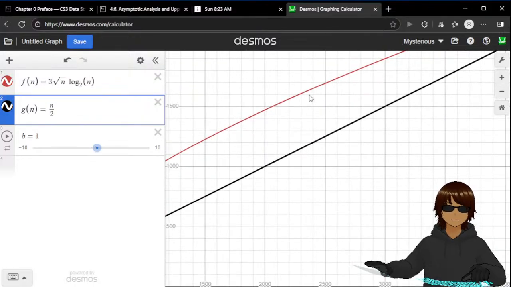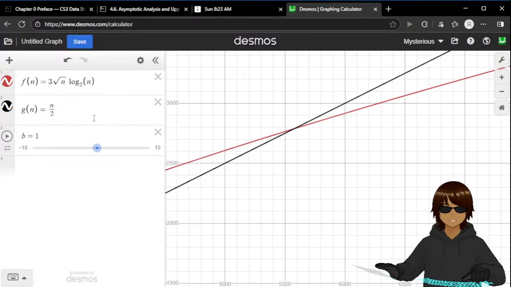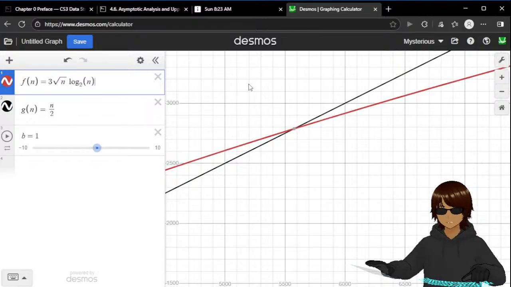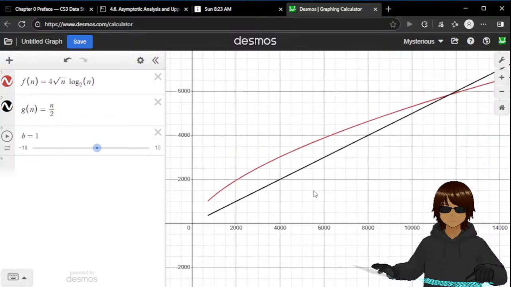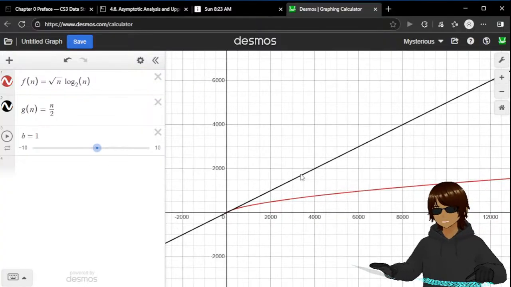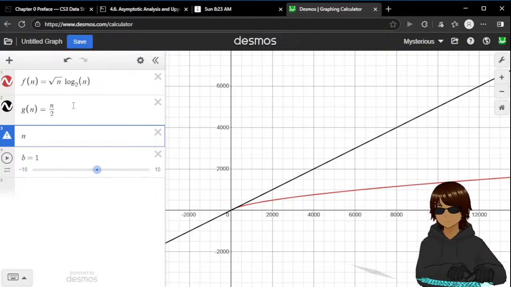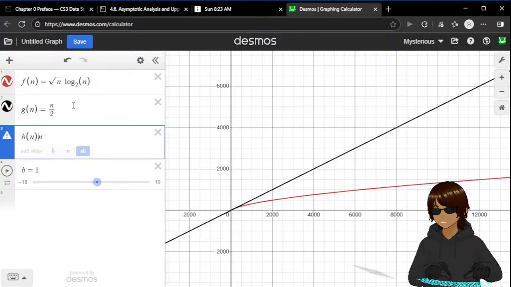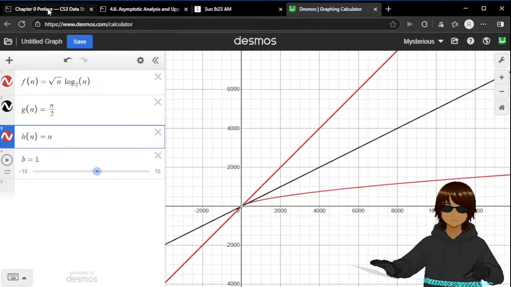They'll be bigger, but the thing is they won't be bigger for all n. n over 2 still surpasses this function. g of n still surpasses f of n no matter what constant I multiply f of n with. So f of n cannot be used as a worst-case approximation. What can be used as big O is simply n. So the worst time complexity is O of n.